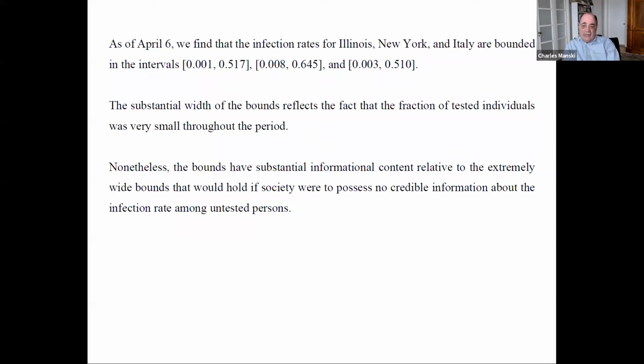And if you've been looking at all the point estimates that have been around, they're all over the place. If you take the data at face value, the infection rate's been very low, but I've seen reported in the media that the true infection rate is as much as 30 or 40%. It depends on who you read. People have been doing all kinds of back of the envelope calculations. But these are kind of firm, credible bounds. Still, they're wide, but I think pretty firm.